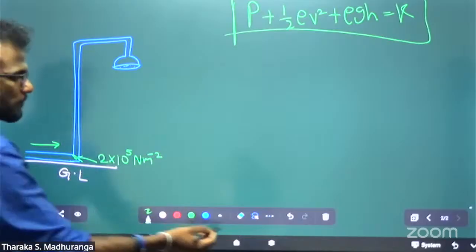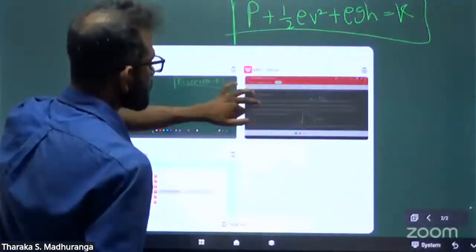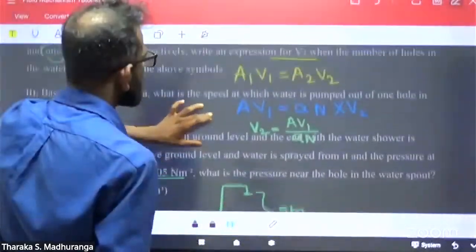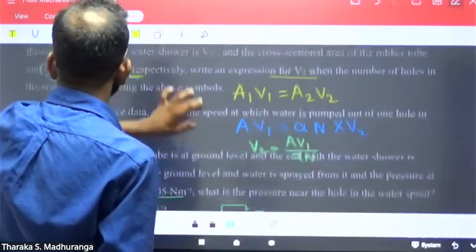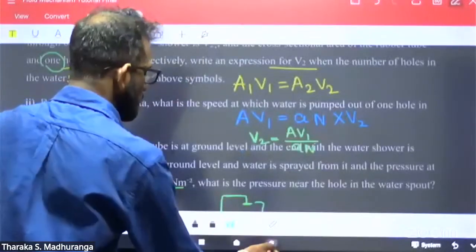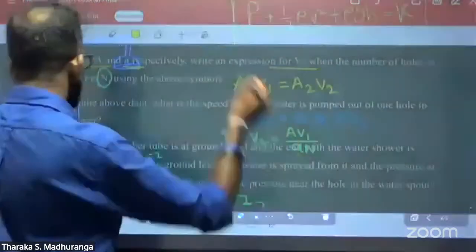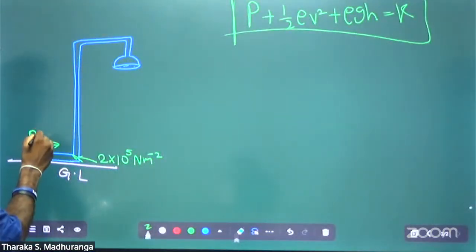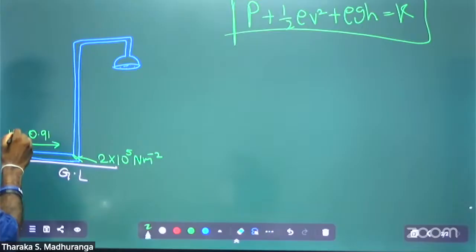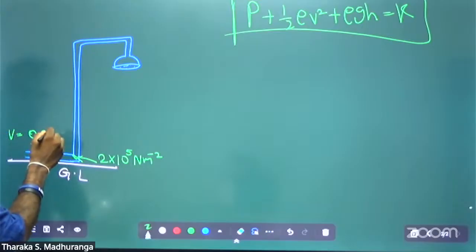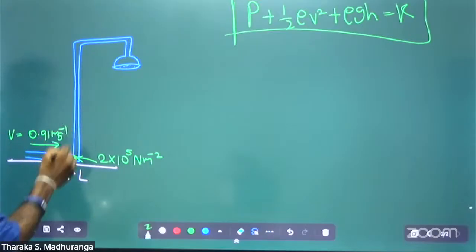Inside the pipe, the water speed was given in the previous part. It is 0.91. You can mark every data on the diagram: velocity equals 0.91 m s^-1.